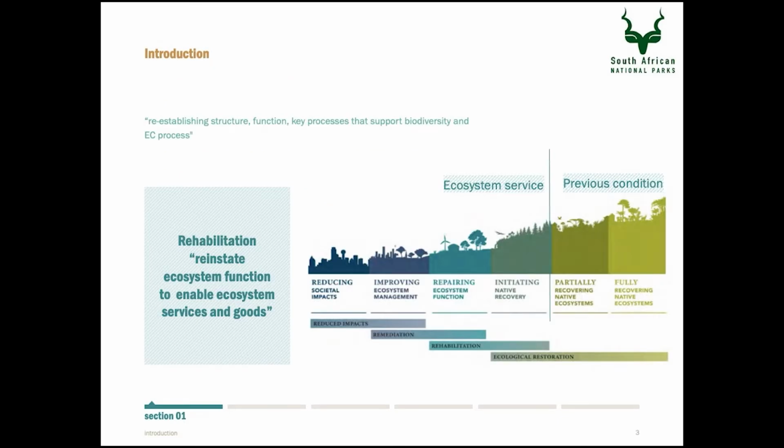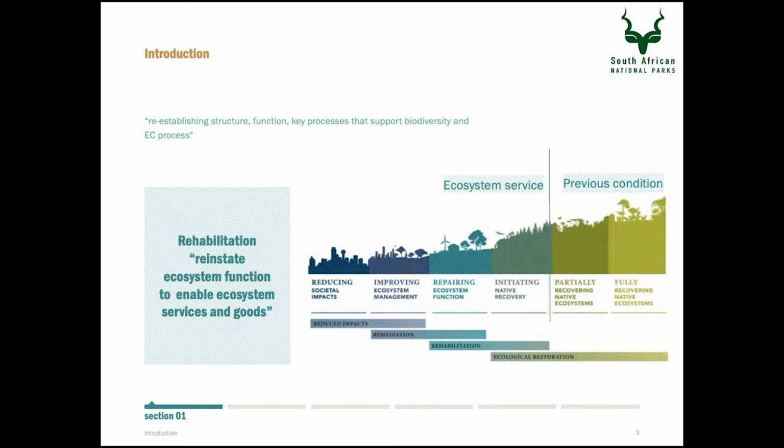Rehabilitation, unlike restoration, which are terms that everyone uses interchangeably, tries to reinstate ecosystem function to enable ecosystem services and goods. Restoration, on the other hand, tries to bring back a previous condition, which often you can't actually achieve in certain systems, like in the Garden Route, which has an intense agricultural history.